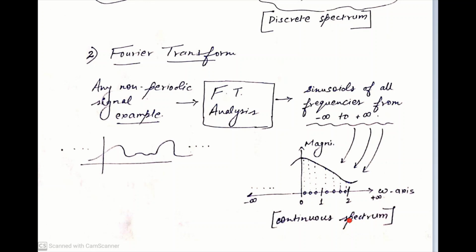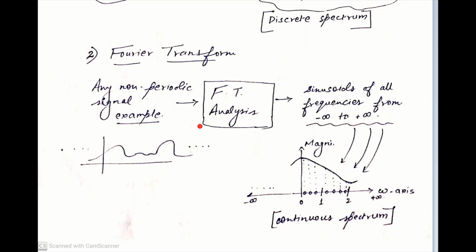Now the basic idea behind Fourier series or Fourier transform is this: take an example, when you throw white light on a prism at the input, what do you get in the output? We get colorful lights. We get different components of colors in the output.